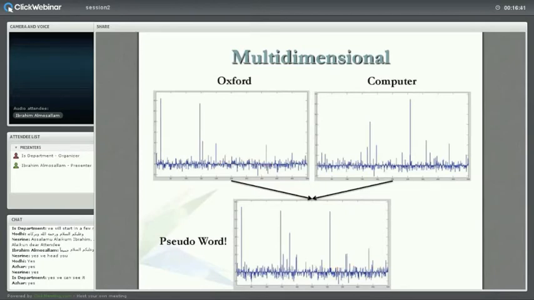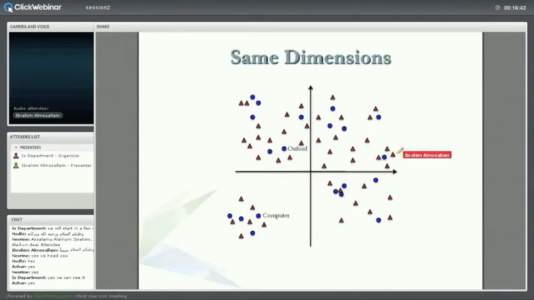So to visualize this in 2D, I'll take the same plot. This is an imaginary plot, by the way. It's not something real or generated. I've just plotted this randomly just for illustration purposes. So if each blue dot here is, say, a word, and each triangle is a sentence.